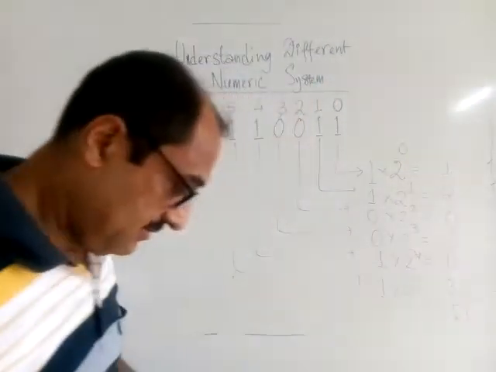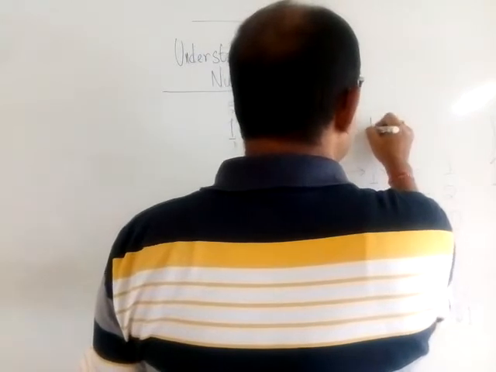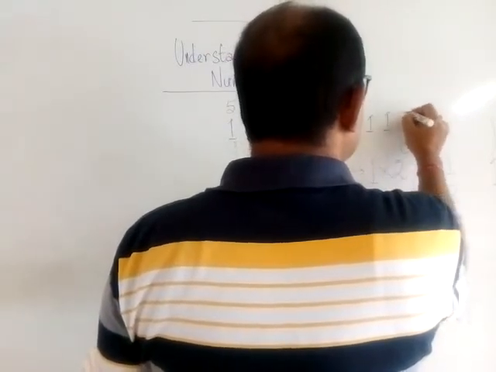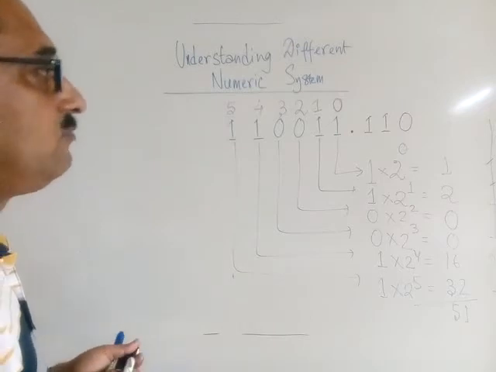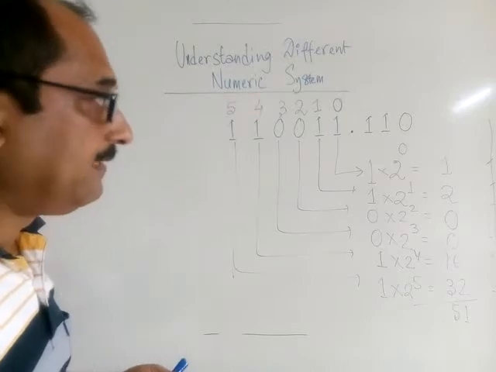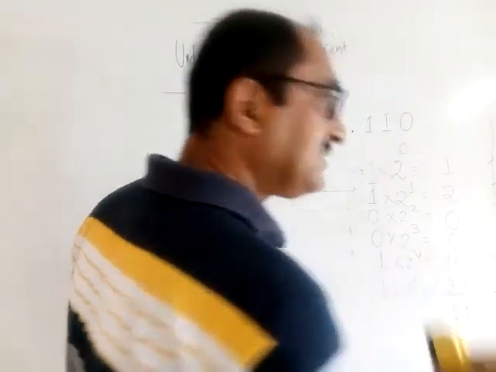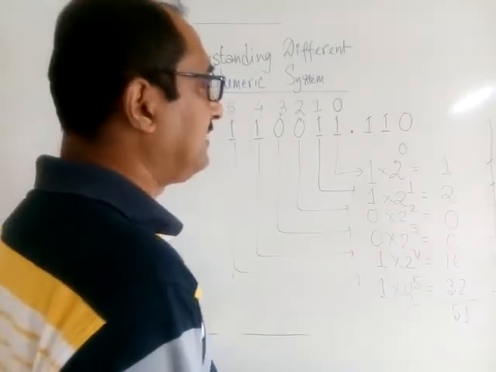and imagine we have after this say 1 1 0, then what do we do? 0.110 is given to us, fine. So if 0.110 is given to us, that means 51 point something will come. How to calculate that?